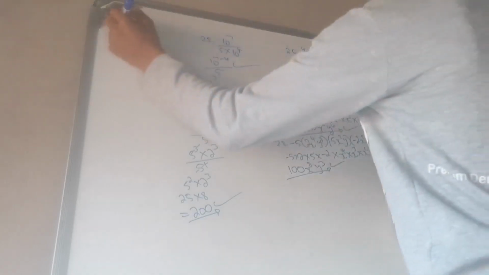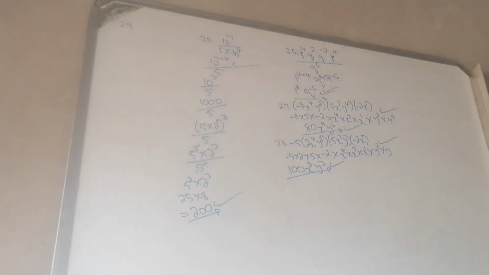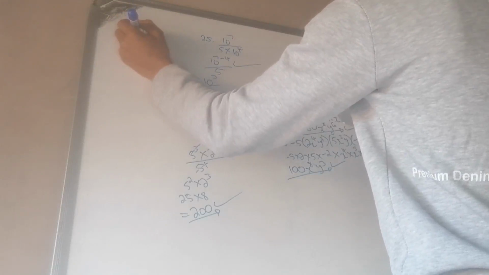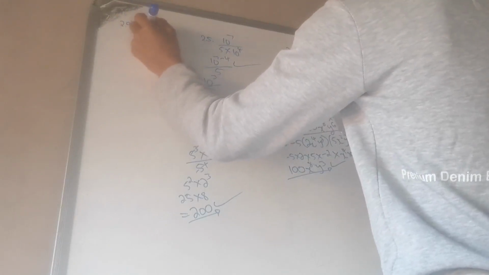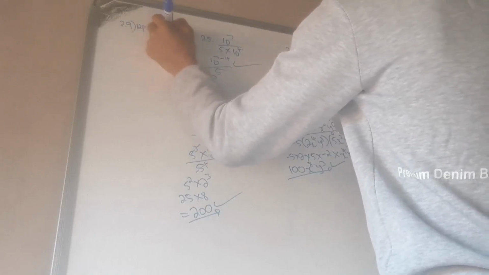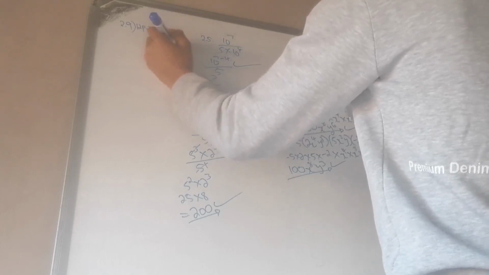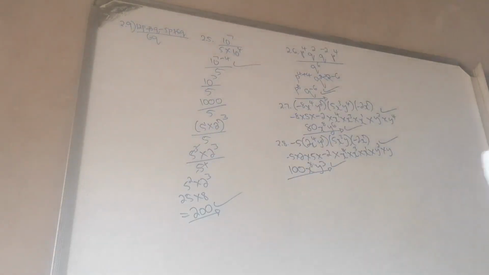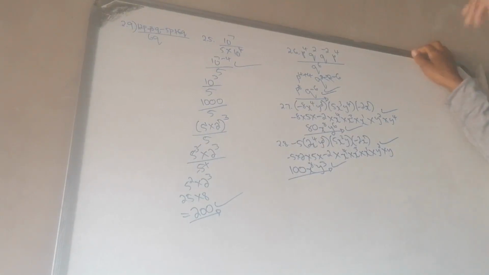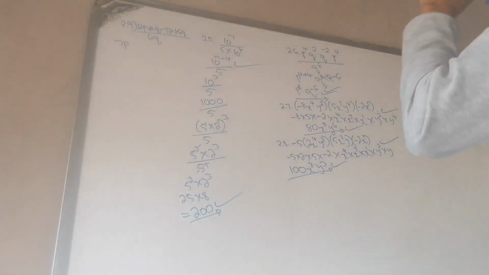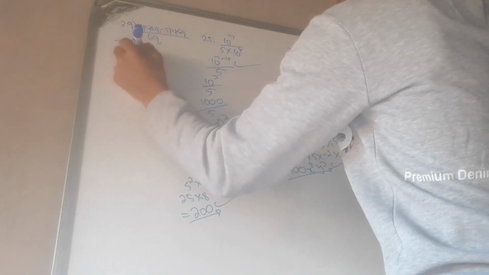2.9. 12p plus 3q over minus 5p plus 6q over plus 6q. 12p minus 5p: 12 minus 5 is 7, so we have 7p. 3q plus 6q is 9q, all over 6q.